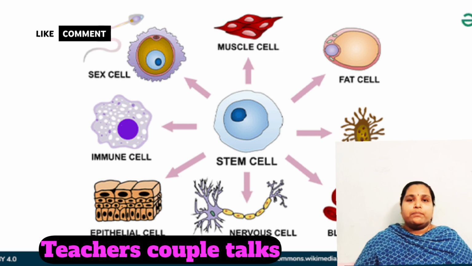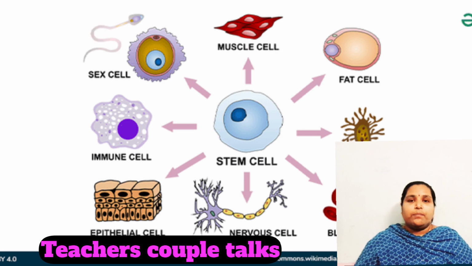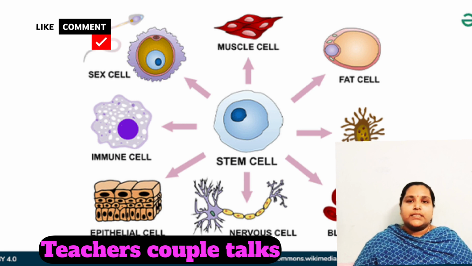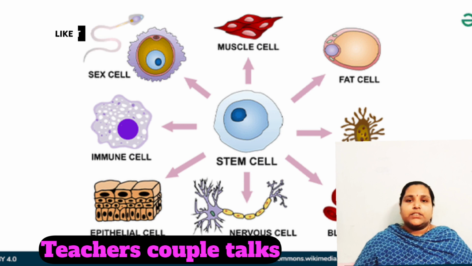Contraction is helped by striated muscles and relaxation is helped by unstriated muscles with the help of stimulation of nerve cells.